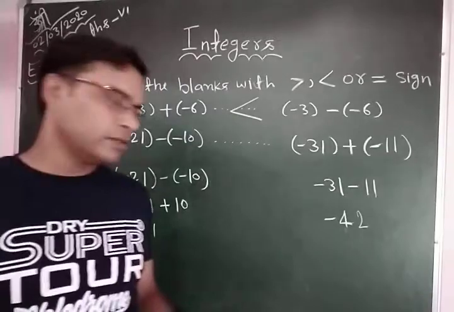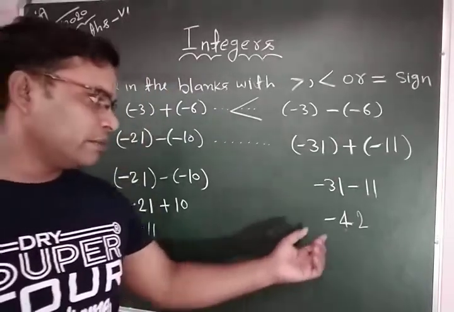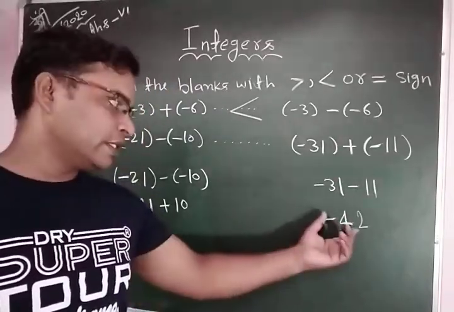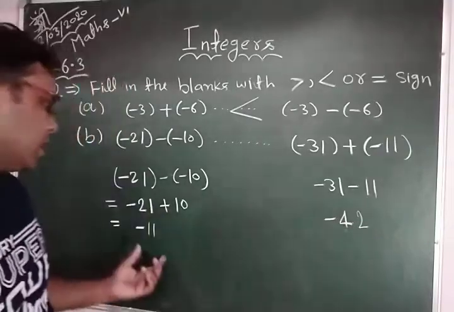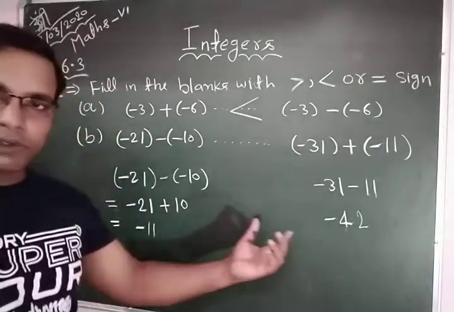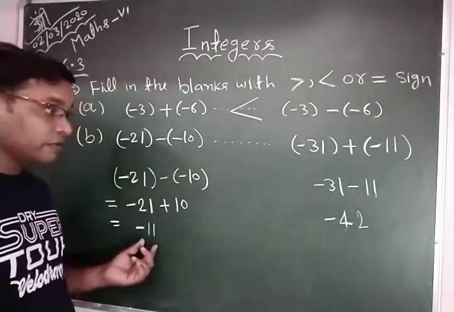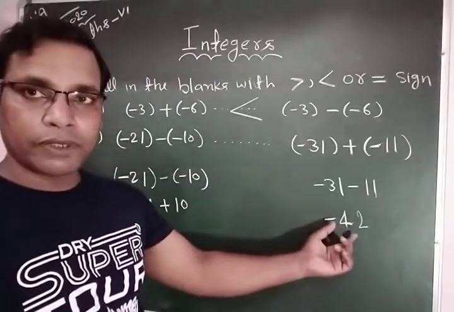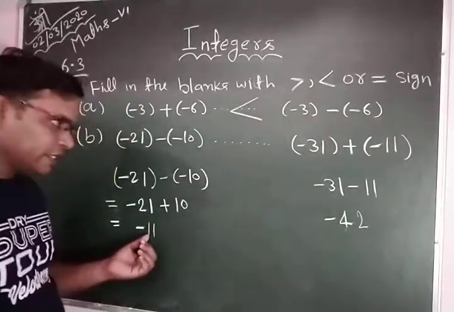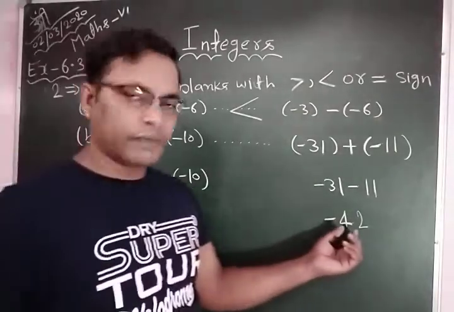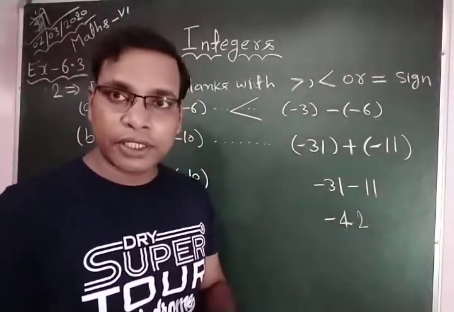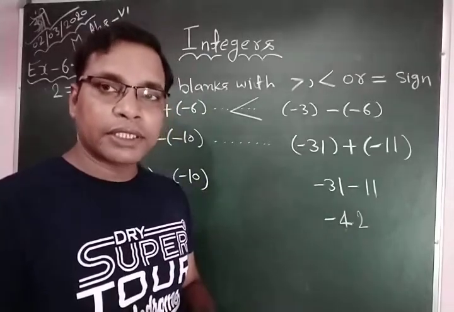Okay, so you can tell me who is greater, minus 42 or minus 11, because both are negative integers here. So who is greater, minus 11 or minus 42? Here you can see 11 is less than 42, but in case of negative integers, the smaller number is greater.